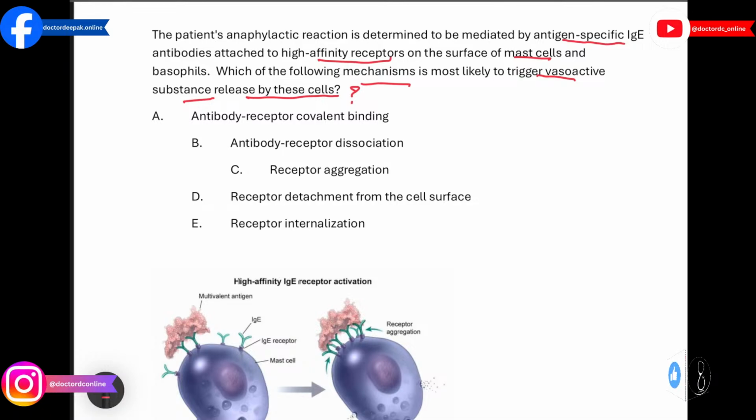What is the mechanism? The options are antibody and receptor dissociation, receptor aggregation, detachment, or internalization. If you remember the first-year immunology page where the hypersensitivity reaction diagram is shown, it mentions receptor aggregation.